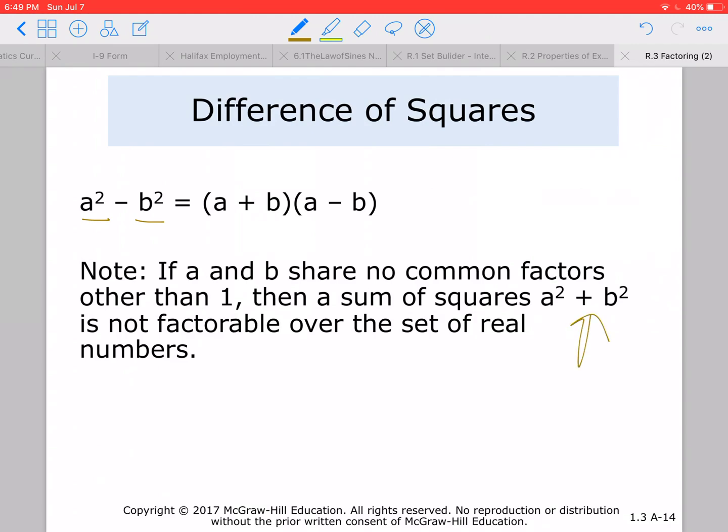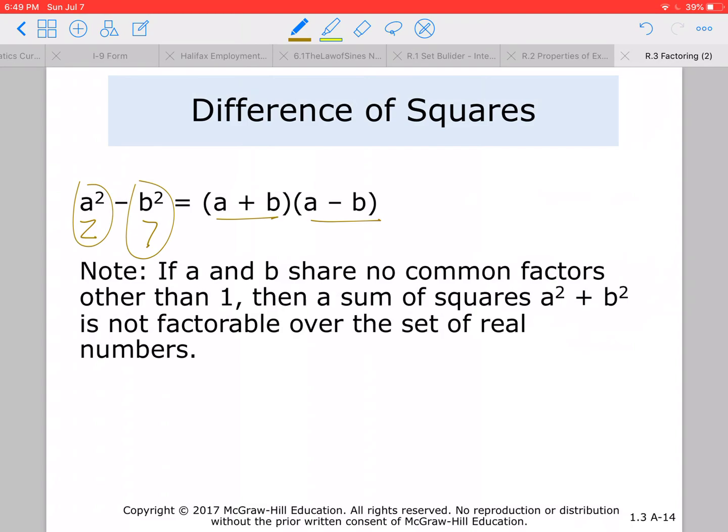So if you have a perfect square minus a perfect square, then that factors to be the square root of a squared plus the square root of b squared.